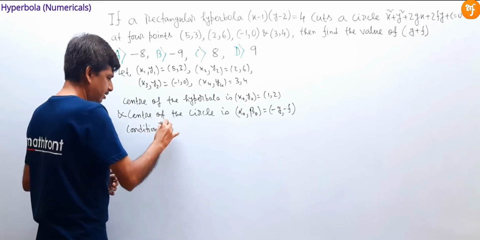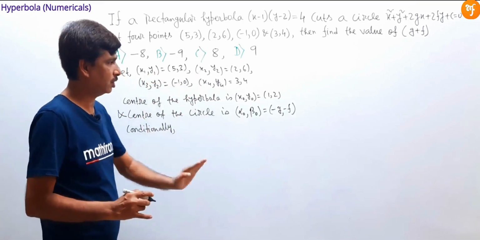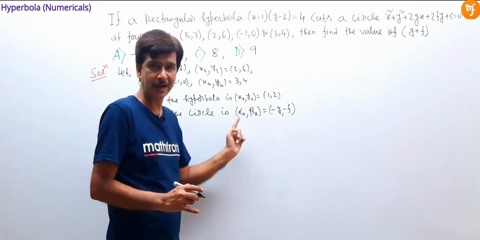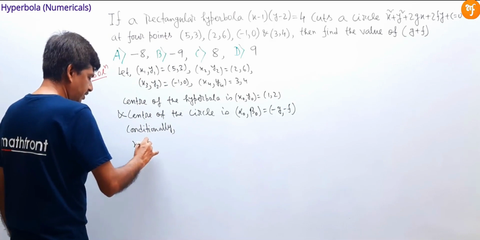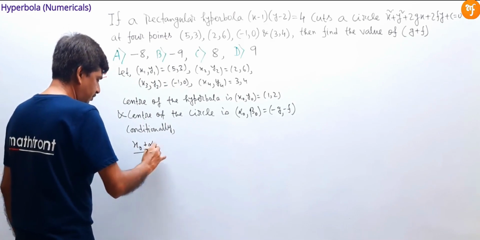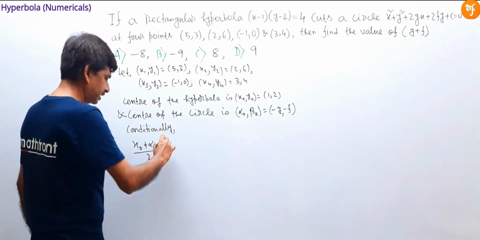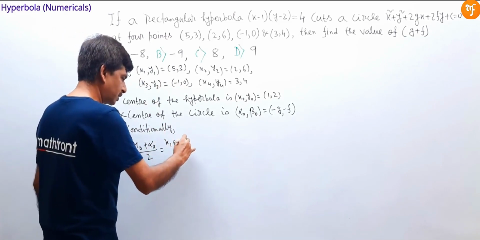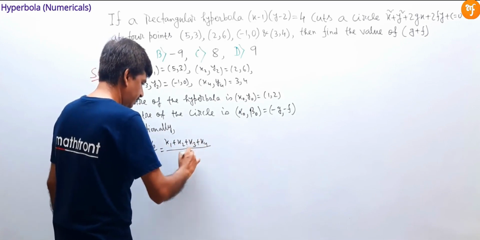Now definitely by the theory we can say the arithmetic mean of x1, x2, x3 and x4 will be the arithmetic mean of x0 and alpha naught. So (x0 plus alpha naught) divided by 2 is equal to (x1 plus x2 plus x3 plus x4) divided by 4.